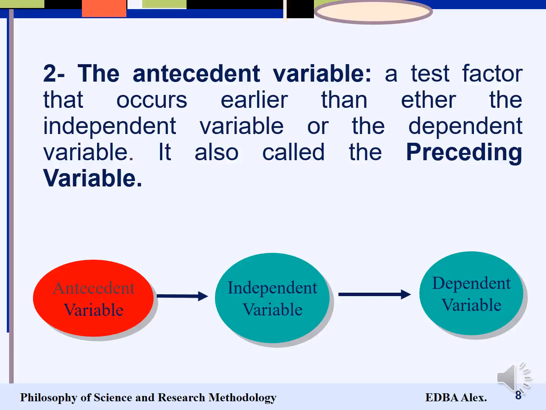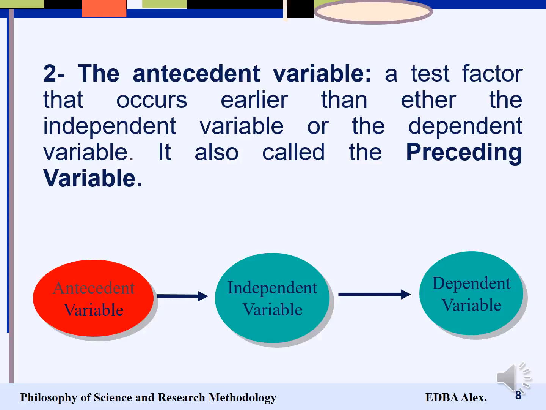We may find a relationship between income and consumption. Income as the independent variable, consumption as the dependent variable. We may find this relationship, right? But this relationship is due to the number of working hours.